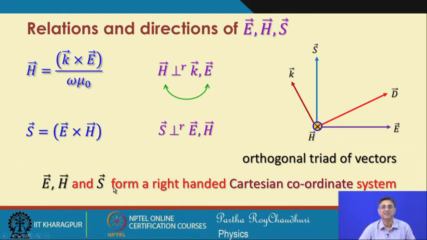So, this E, H and S again form a right handed Cartesian coordinate system.